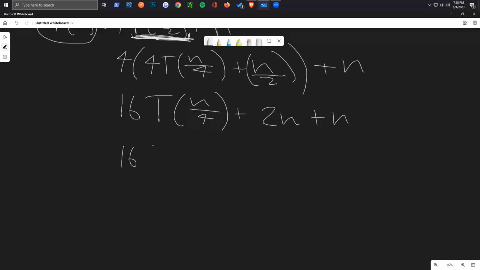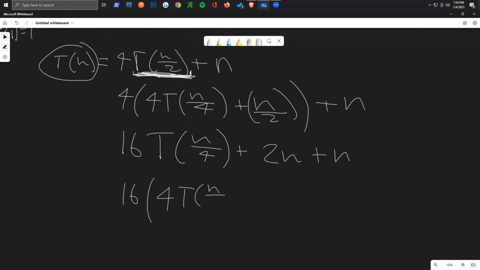So it's going to look like 16 times. And again, it's going to look almost identical, except for the factors that are changing. So n is what's really changing, or like the variables. So 4 times t of n, not divided by 4. Notice that we're dividing by 2. So if we divide by 2 and then we go again, we're kind of like multiplying.